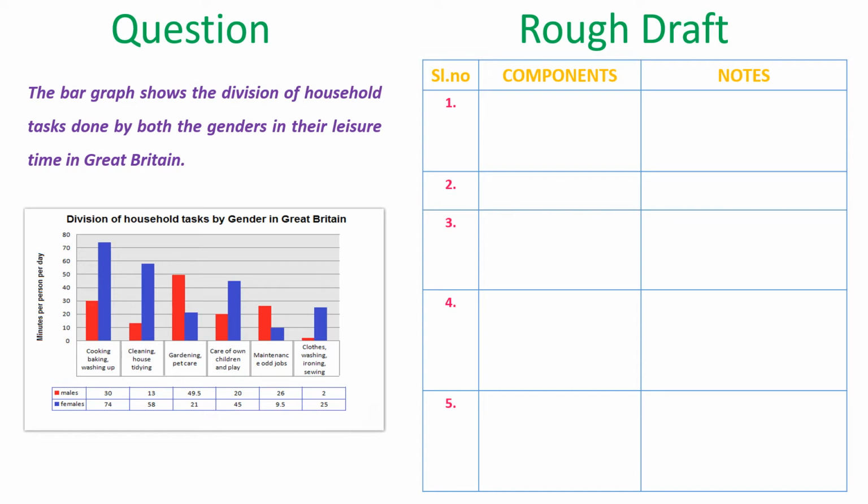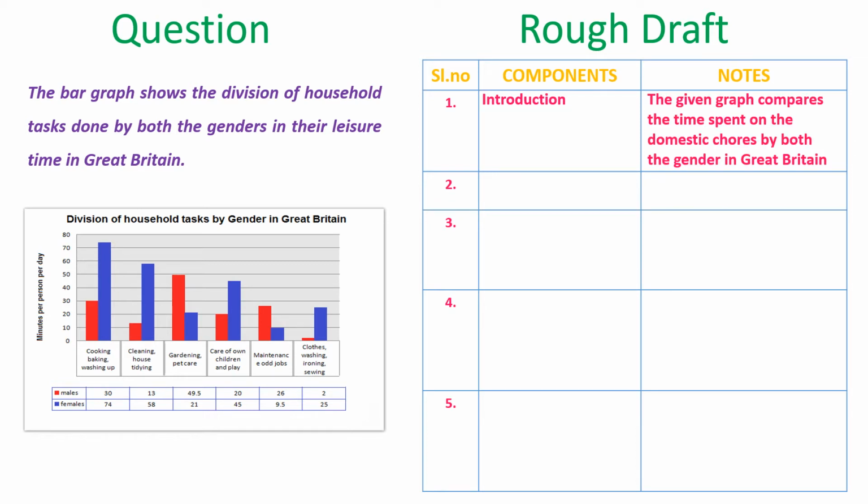The first component of the report is introduction. In the introduction, you will have to paraphrase the given question. I'm going to rephrase the question as: the given graph compares the time spent on the domestic chores by both the genders in Great Britain.